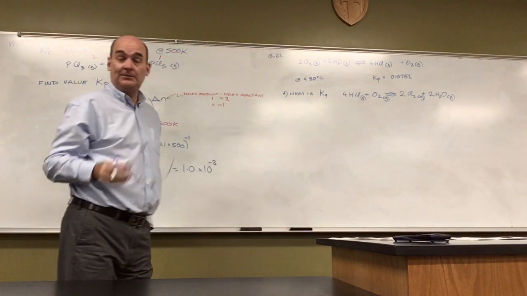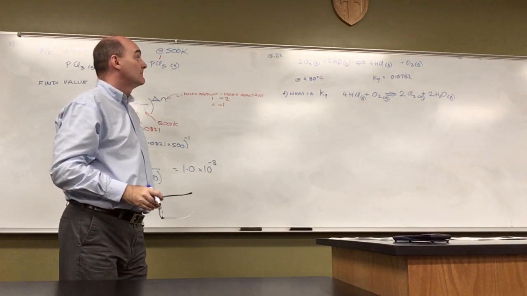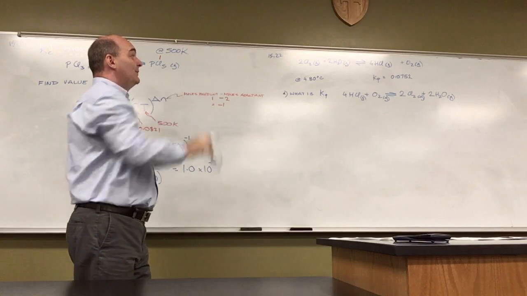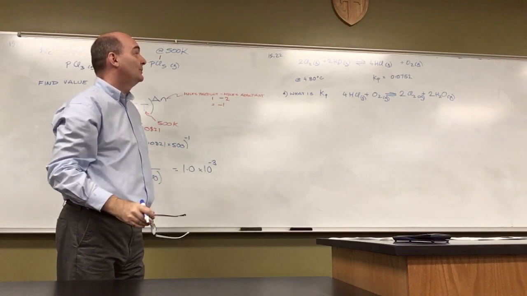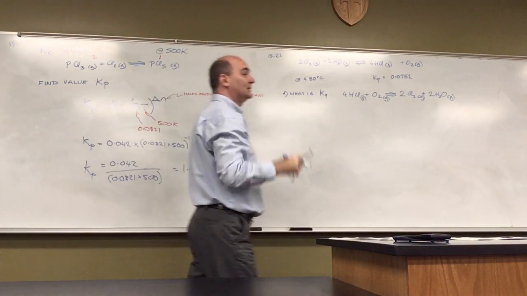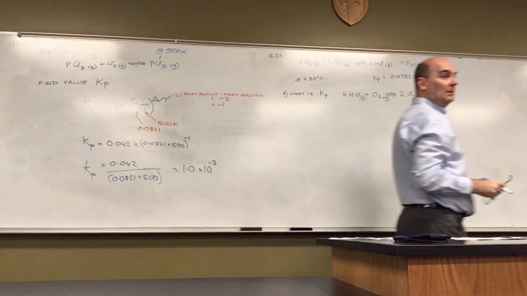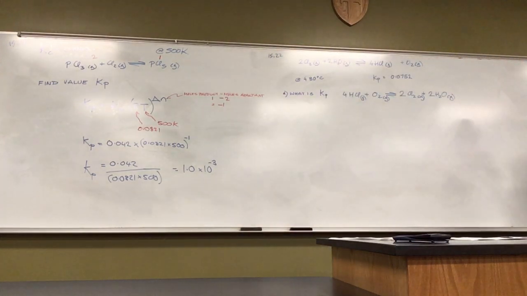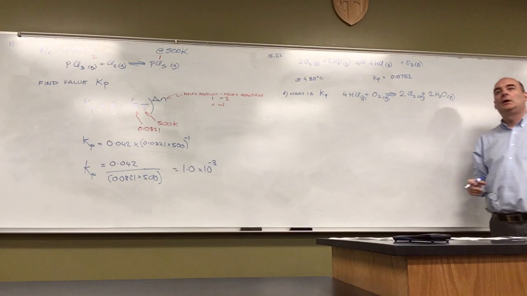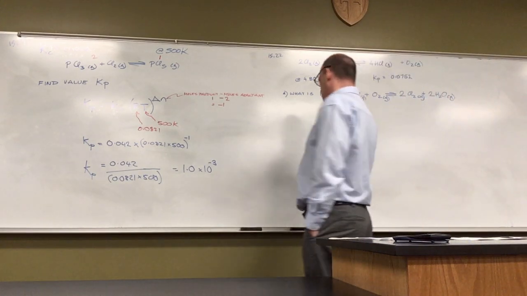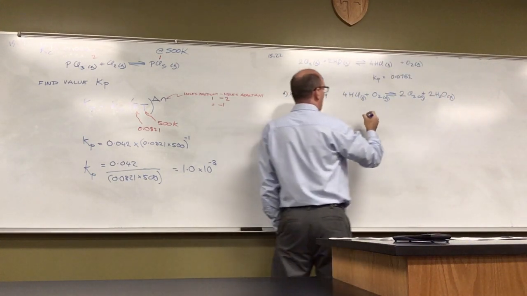That's the reverse. Some data is given to you in the question for a reaction moving from left to right. Then they take that question and turn it around and ask you to find the Kp.